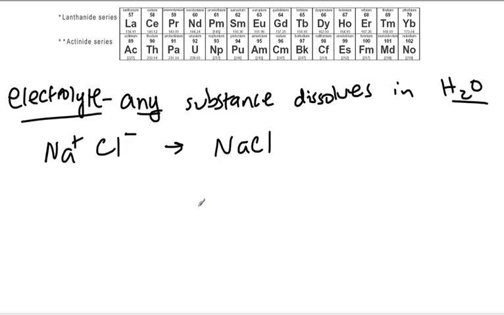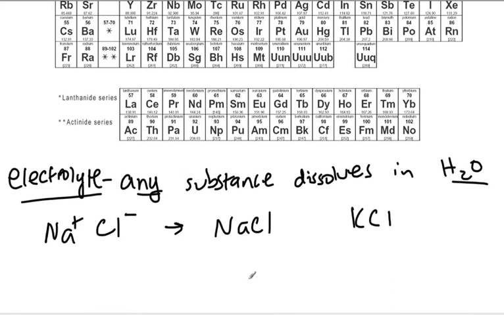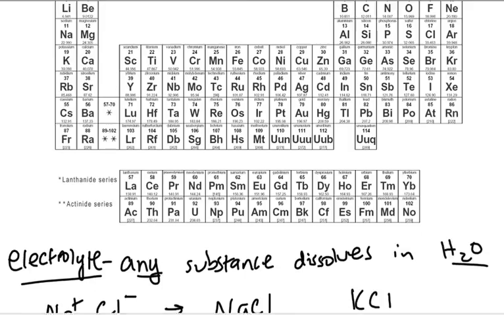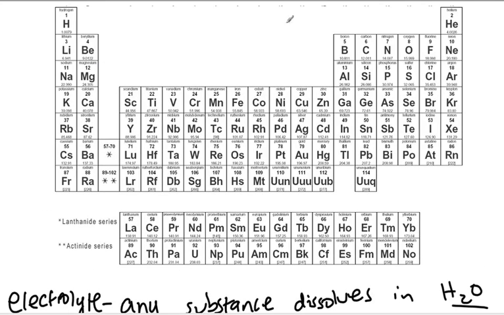And we can extend this definition to say that any ionic compound at all will dissolve in water. So KCl will dissolve in water. Let's see another one. MgO, because Mg is 2 plus and O is 2 minus.